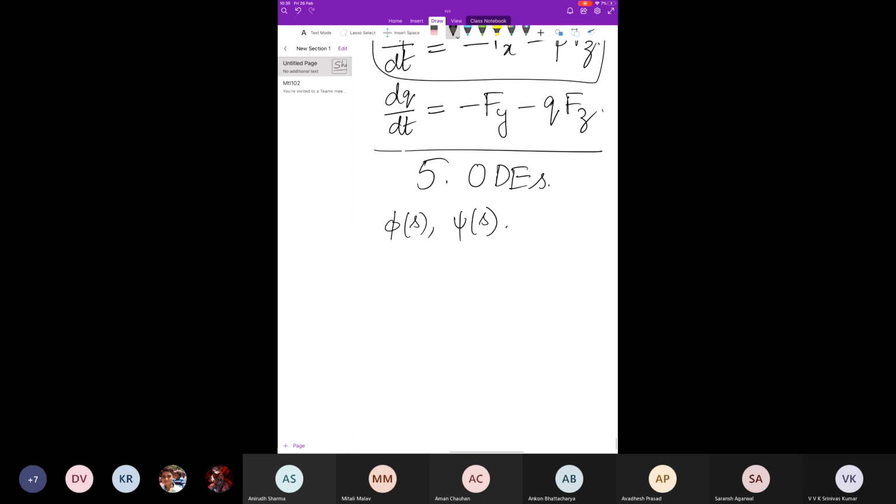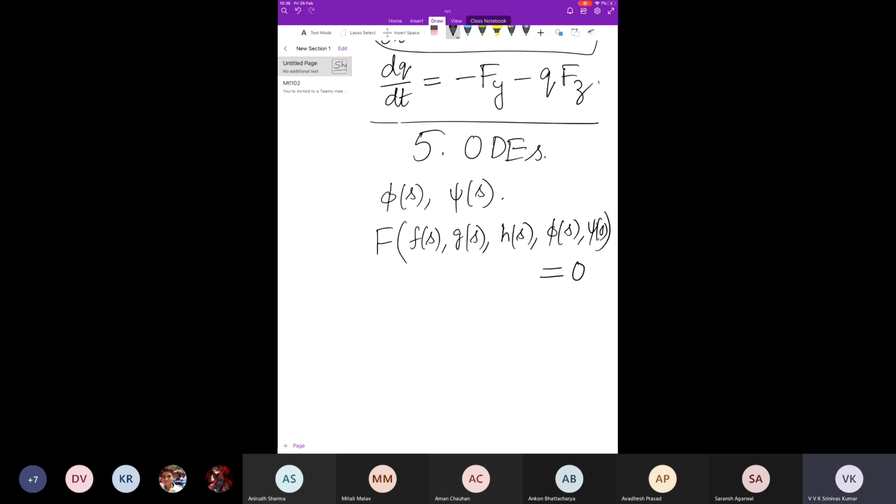First of all, the phi s, psi s should satisfy the given equation. It should be in the equation. So this should be true: f of fs, gs, hs, phi s, and psi s should be equal to 0. This is the first condition.